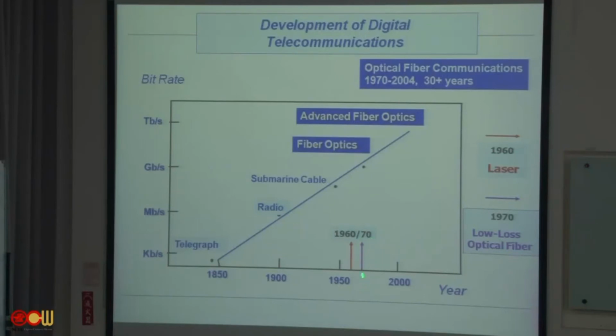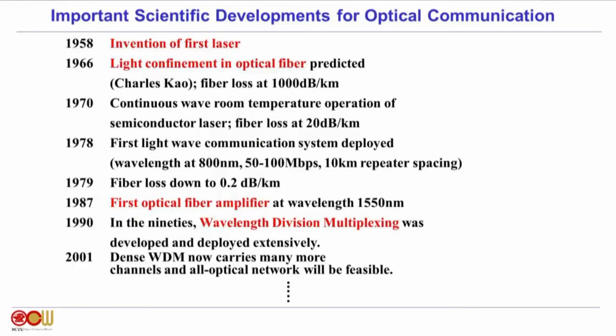Now, first of all, we have the first fiber manufactured in 1970, and we have the laser in 1960. I hope after this course you remember 4 things. These are important developments of optical communication, starting from the first invention of the laser by Professor Charles Townes, then 1966 by Professor Charles Kao about the optical fiber.